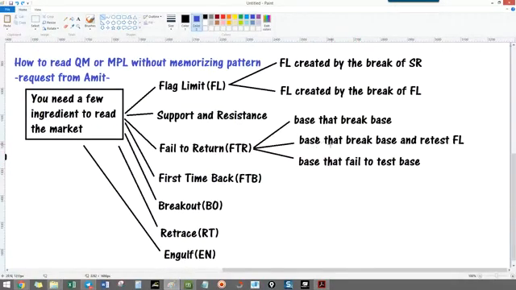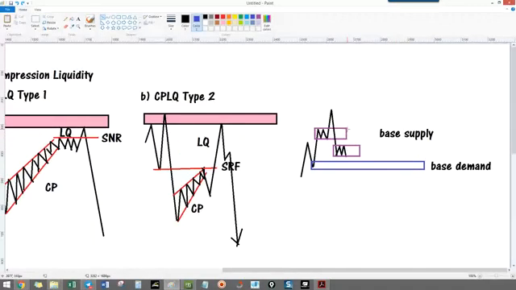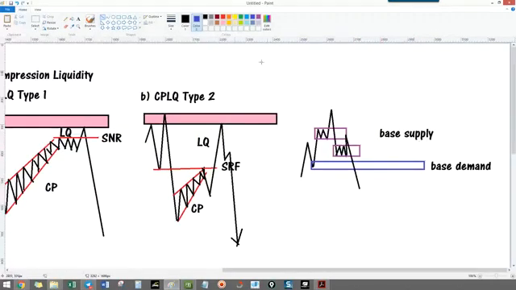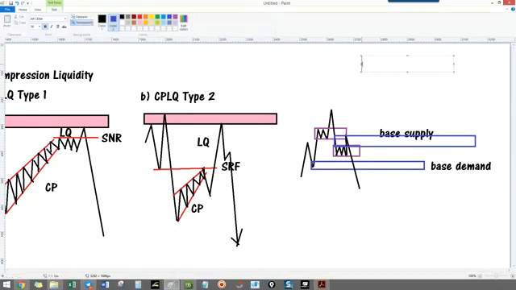The second one, base that breaks the base and retests the flat limit. This is the flat limit. This area is the flat limit, and it tests up here before going down, before the break. FTR that breaks the base and retests the flat limit, this area is called MPL.